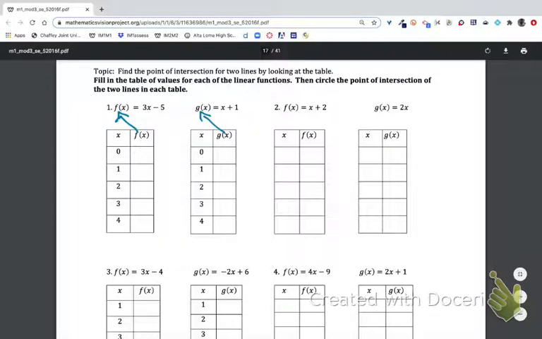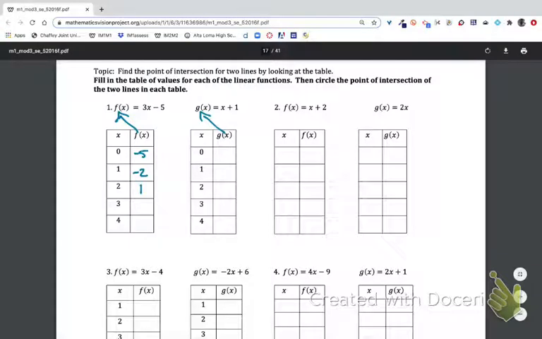For number 1, we're going to plug each of these values in to this equation. And it's going to go pretty quick. Hopefully you get what I'm talking about. So plugging 0 in, 3 times 0 is 0. 0 minus 5 is negative 5. 3 times 1 is 3. Minus 5 is negative 2. 3 times 2 is 6.